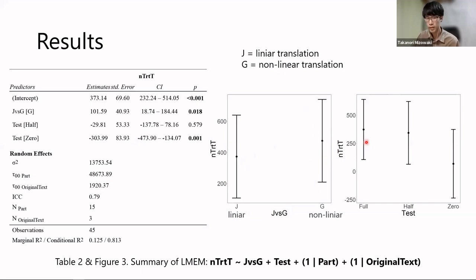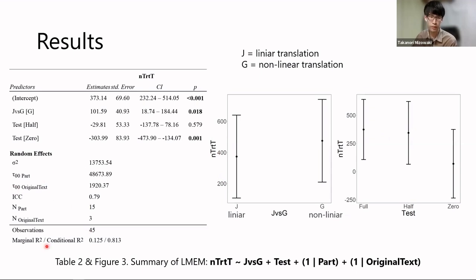The right plot indicates that participants who performed better on the comprehension test, which means those who read and understood the text well, tended to spend more time reading the target text. So these results suggest that linear translation requires less reading effort than non-linear translation.